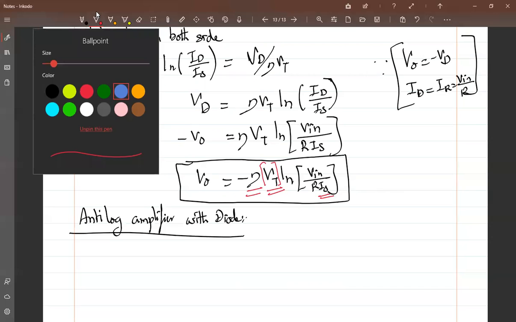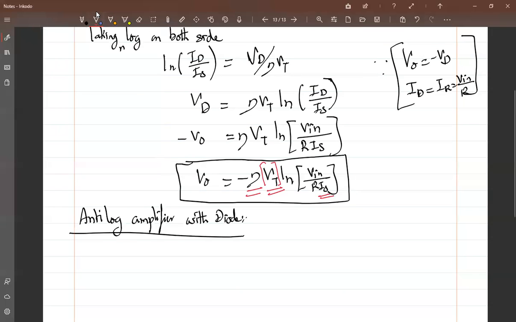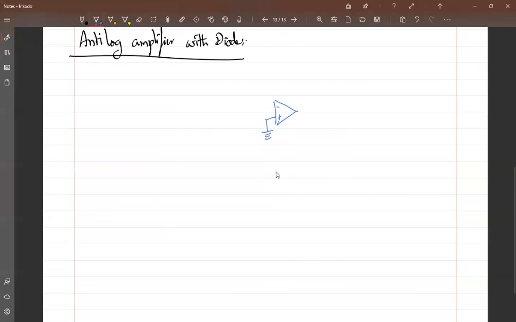Let me draw the circuit diagram. I'm just going to redraw it. This is the minus and plus, and the positive terminal will be grounded since it is an inverting configuration. Here you will get the output V naught, and the input will be given as V in.